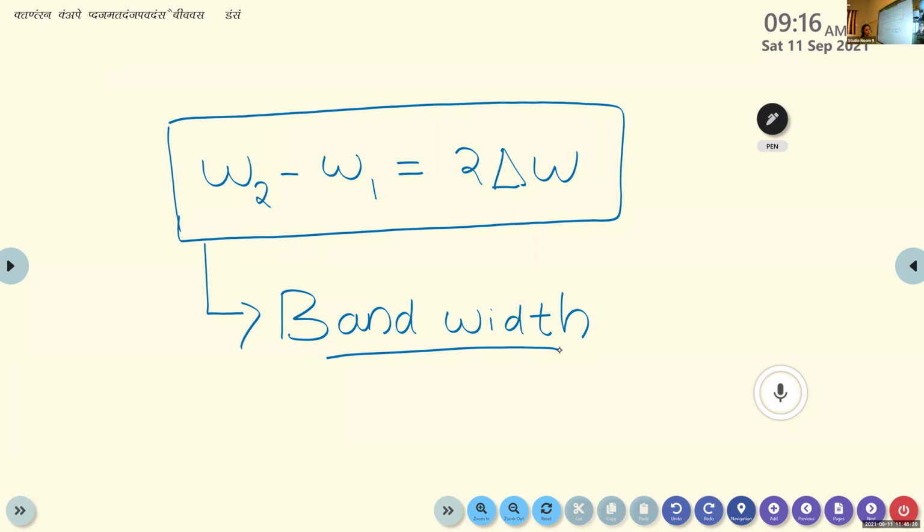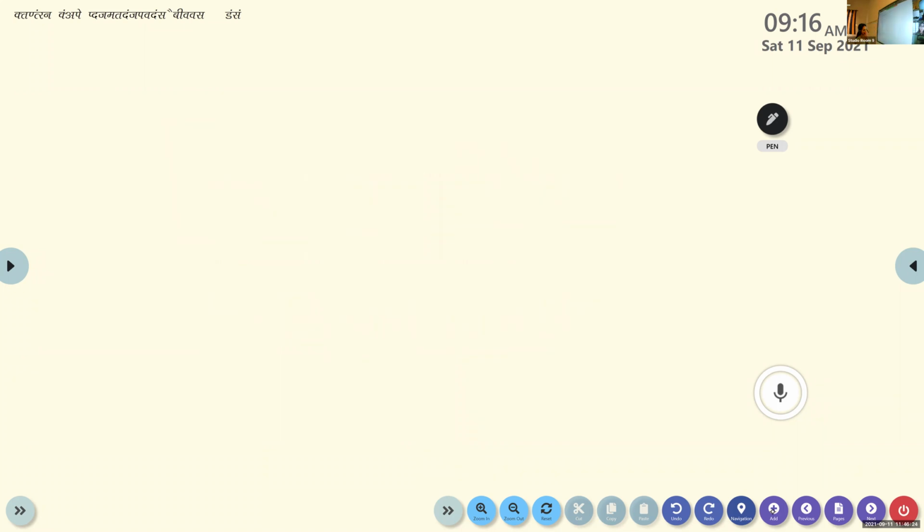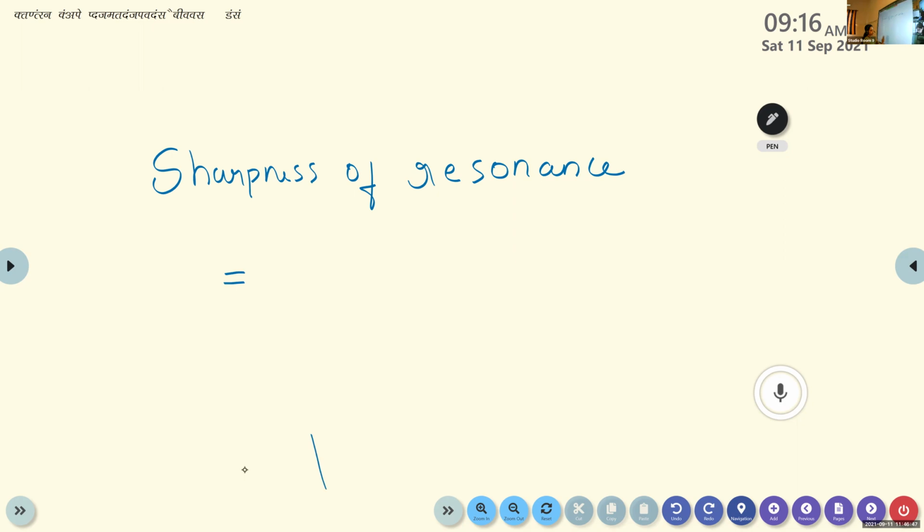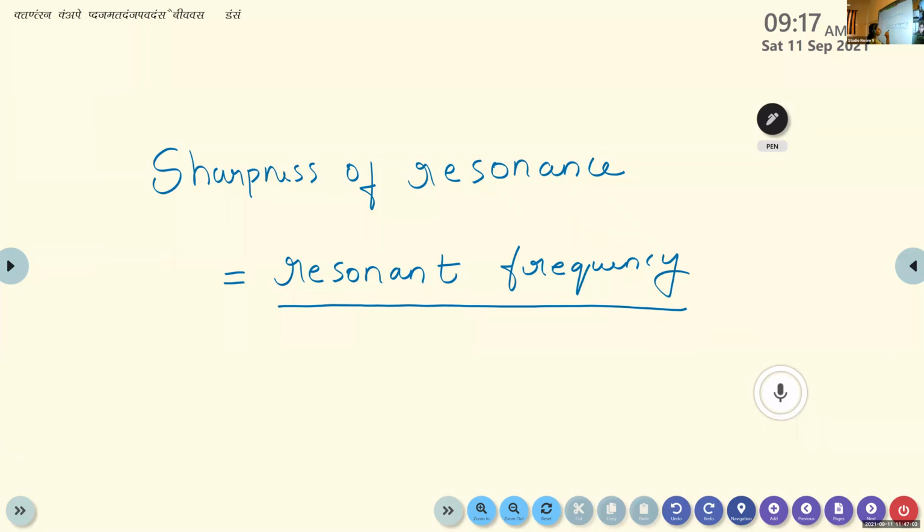Then the sharpness of resonance can be written as: the sharpness of resonance is given by the ratio of resonant frequency to that of the bandwidth.